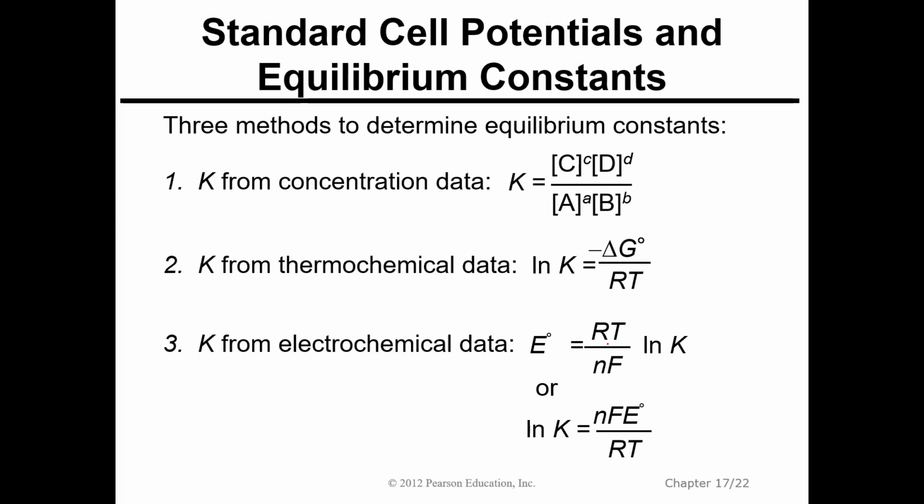Or if we have electrochemical data, we can take the number of moles times the Faraday constant times the standard cell potential over RT and also calculate K. So we can calculate K whether we have concentration data, thermochemical data, or electrochemical data.